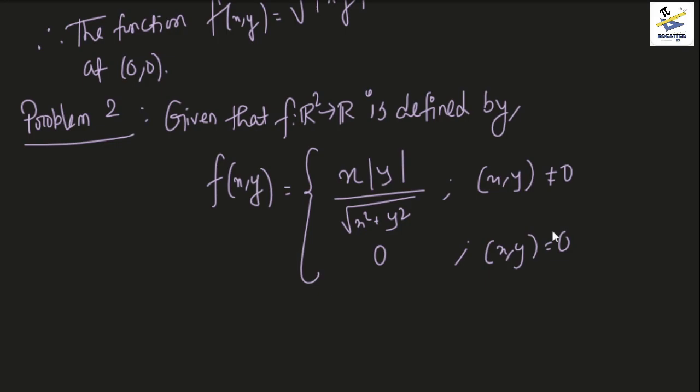Just take a good look at it first, and I'll give you 10 to 15 seconds to think what to do with it. We basically need to prove that this function is not differentiable at 0 comma 0. So try to find a way to prove that.